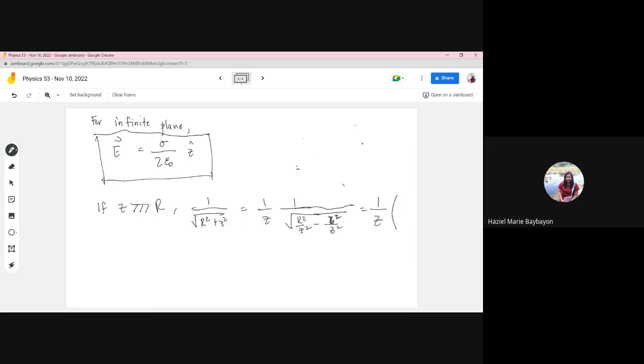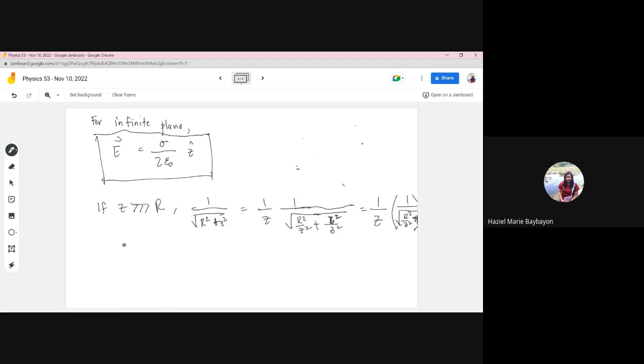So you have 1 over z. This can be further simplified here. Square root of r squared over z squared plus 1. Okay, so this is plus. Okay, so plus ni siya diri, you have here 1. Okay, so you can rewrite this.